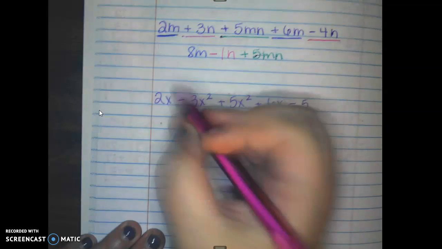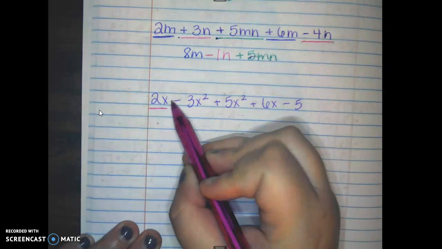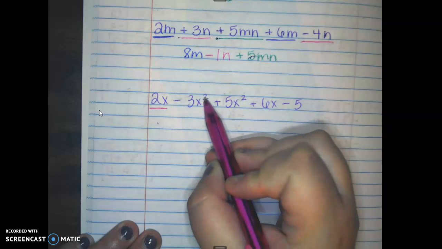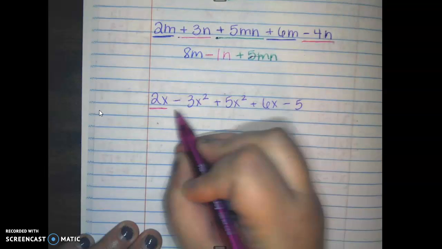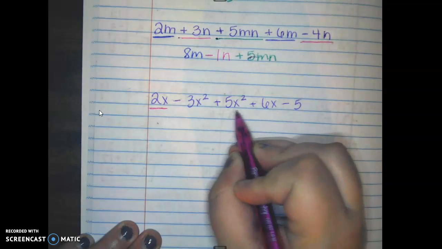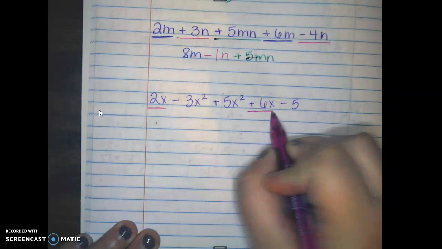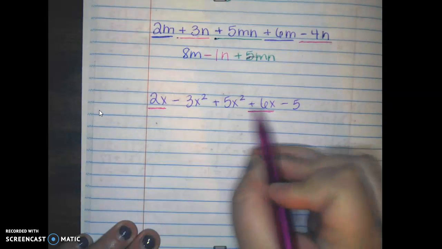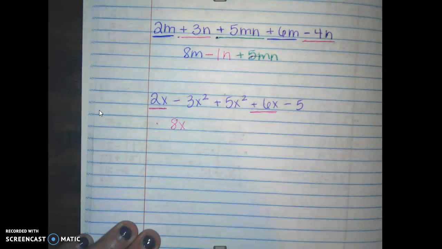Okay, so I have 2x. Now remember, we said x and x squared are different. If the exponent is different, it doesn't match. So this doesn't match with my pink here, but this one does. 2x plus 6x is 8x, or positive 8x if you want to put that positive.